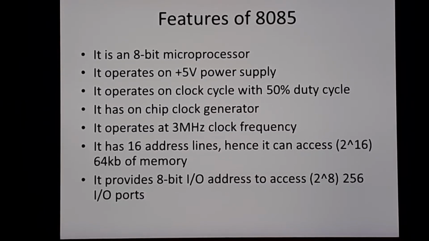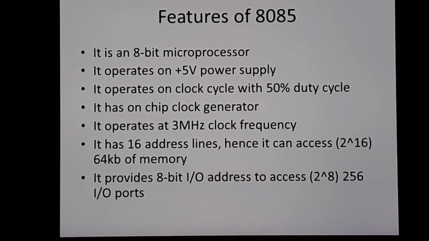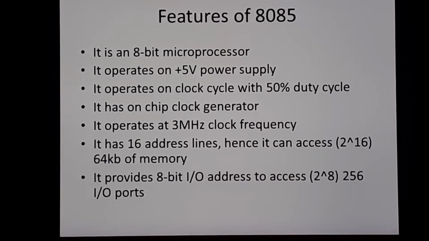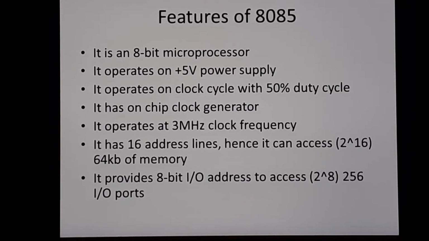Okay. Then it has 16 address lines, and hence it can access 2 raised to 16, that is 64 kilobyte of memory. What is address line we'll be seeing next in this chapter. Then it provides 8-bit of IO address to access 2 raised to 8, that is 256 IO ports. IO means input output.